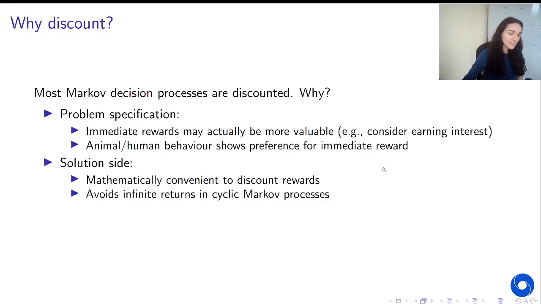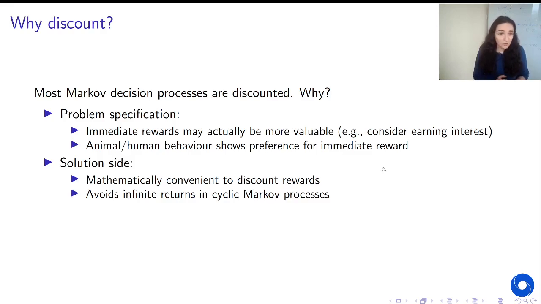Okay, why discount? There are two sides to this problem. One is problem specification. It might just be that the MDP you're considering actually has this property that immediate rewards are more valuable. Think of it as interest rates.